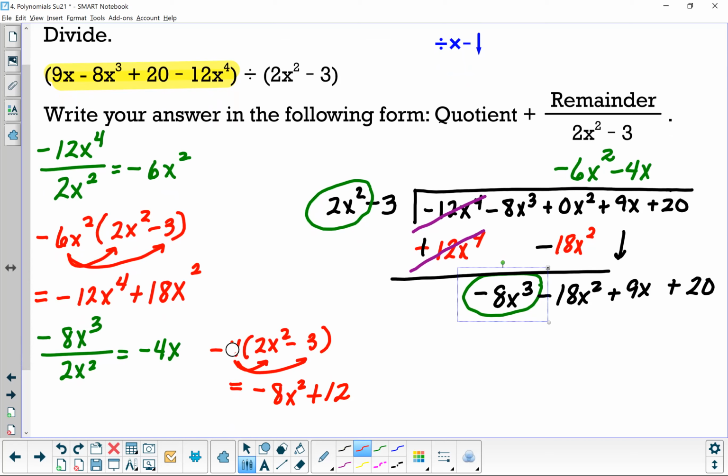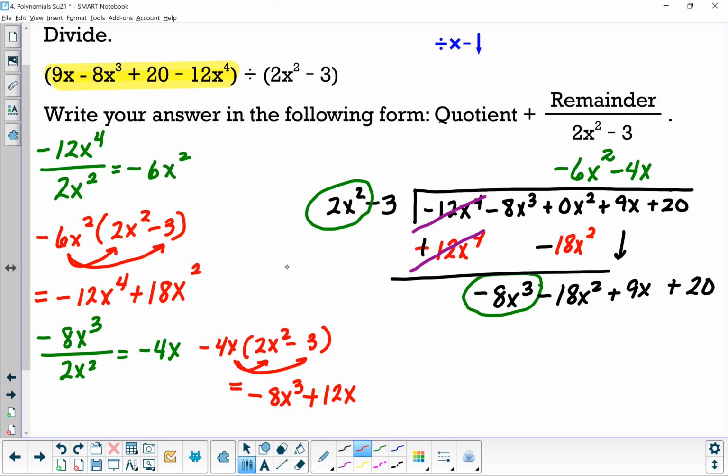I should have multiplied by 4x. Let's fix that. Minus 4x here. So let's redo our work. Multiply by negative 4x. So we get negative 8x cubed and then plus 12x.